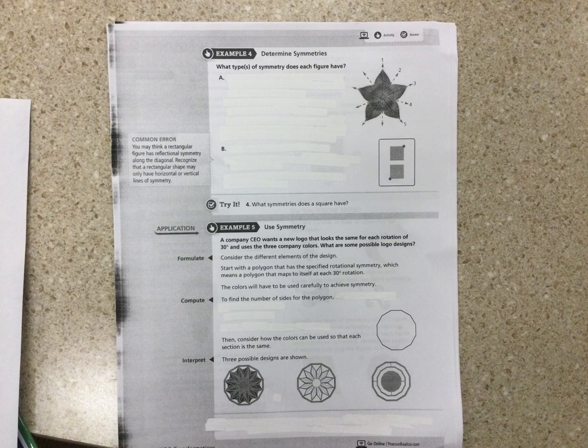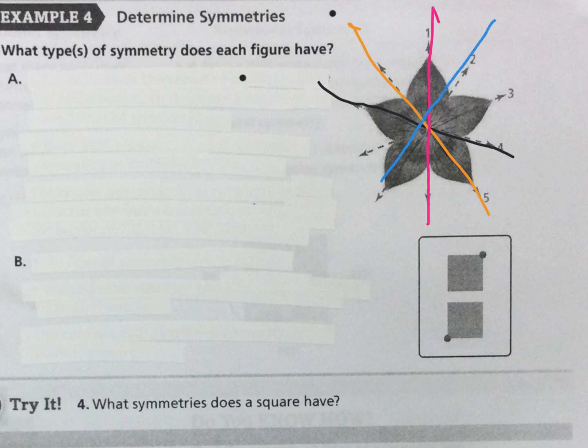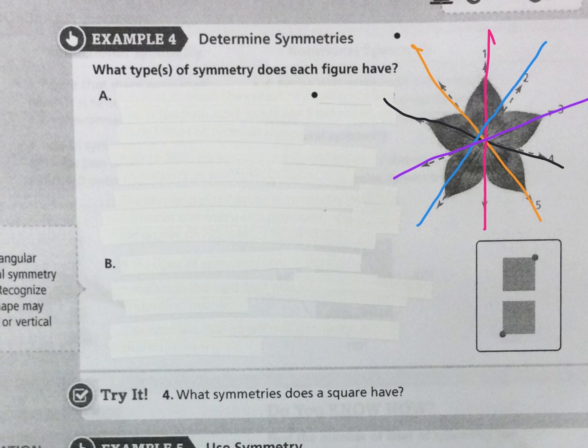What type of symmetry does each figure have? So if I look at that, I could draw 1, 2, 3, 4, 5 lines of symmetry, right? So it has 5 lines of symmetry, line symmetry.